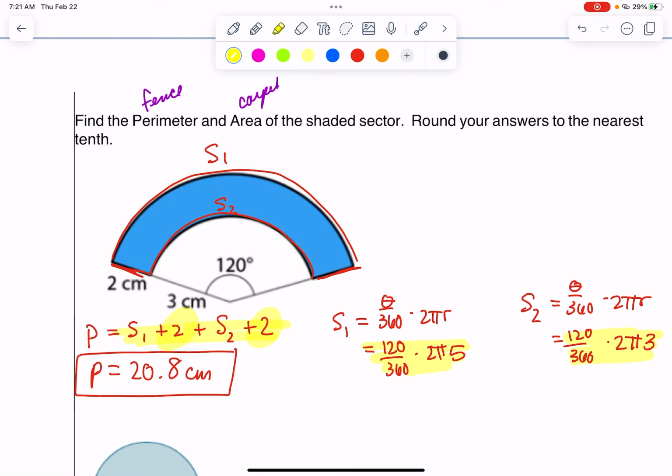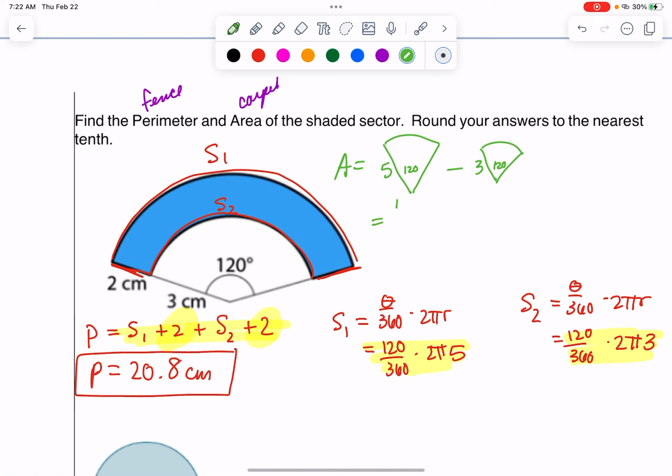To find the area, it's pretty similar. I'm going to find the area of the big pie piece with a radius of 5, and then I'm going to subtract out the area of the little pie piece with a radius of 3. The angle is still 120 for both pie pieces.